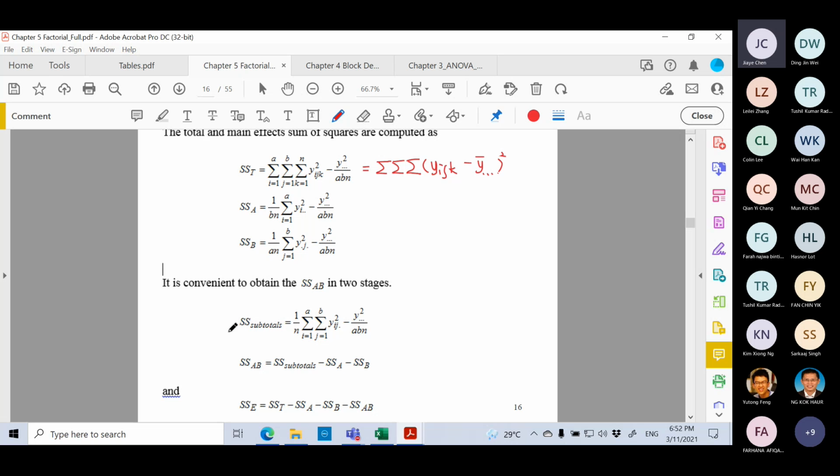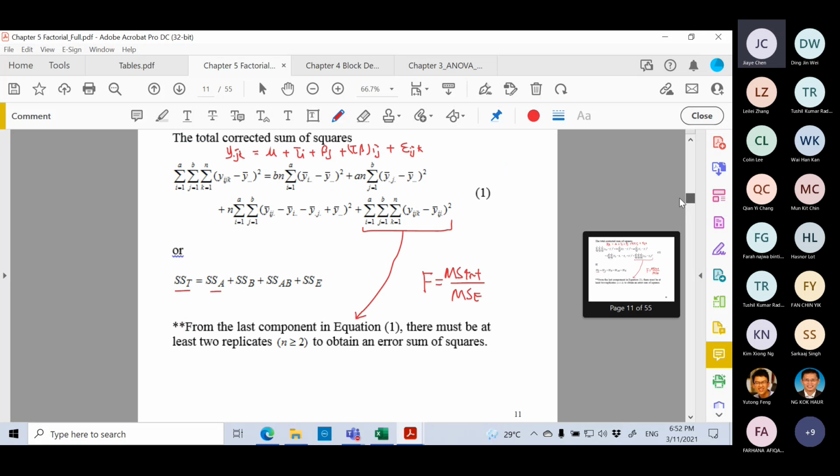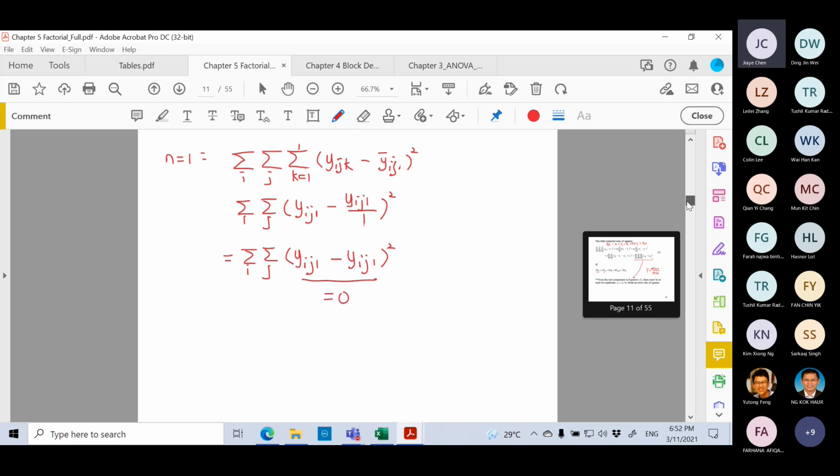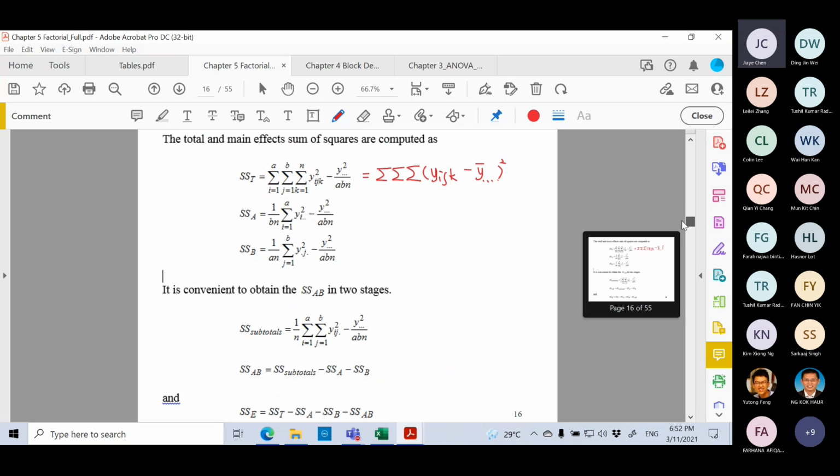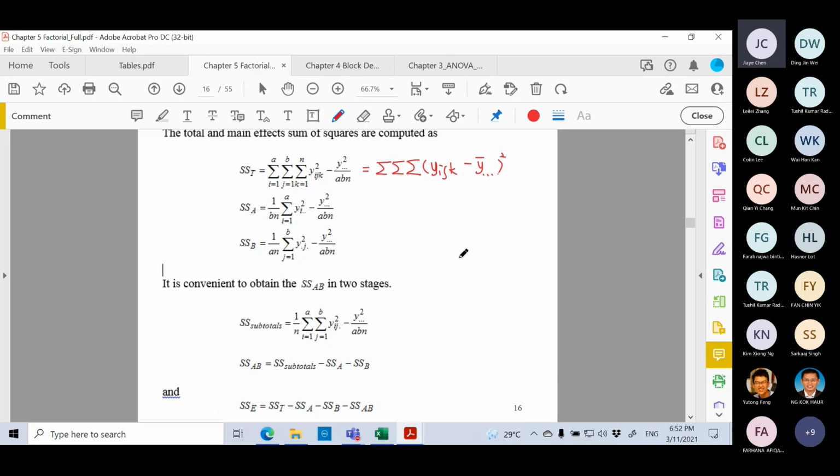If you do not want to calculate that way, you need to use the following formula: the total for the one cell minus the total for the I level minus the total for the J level, plus the grand total squared. This takes a longer time, where you need to sum out the I and J observations. Whereas if you consider the earlier approach, you only need to simplify until this form.